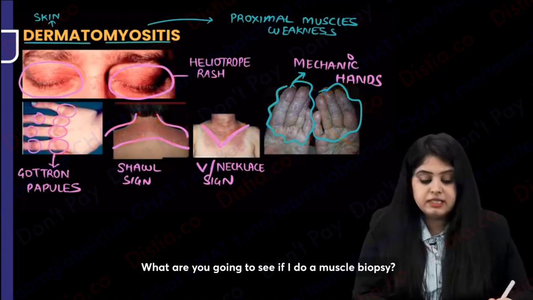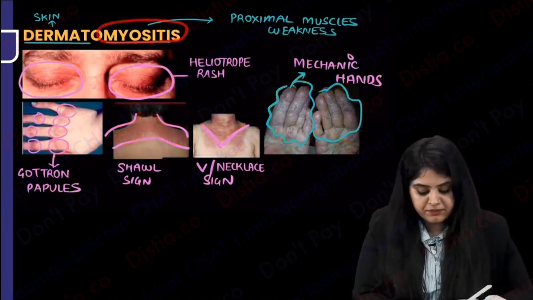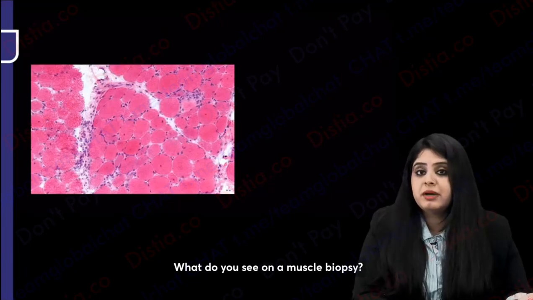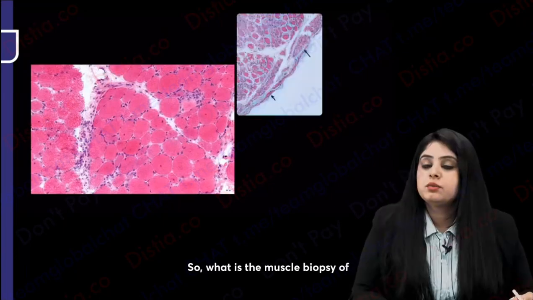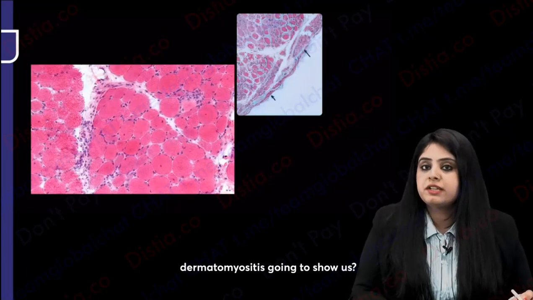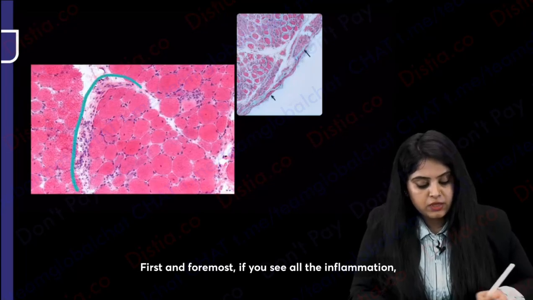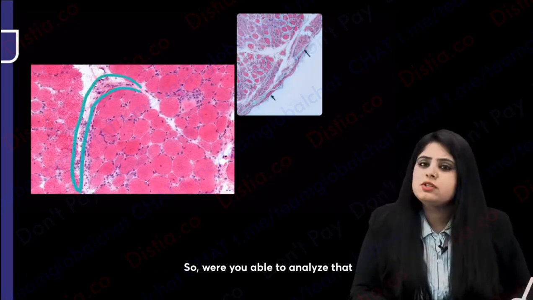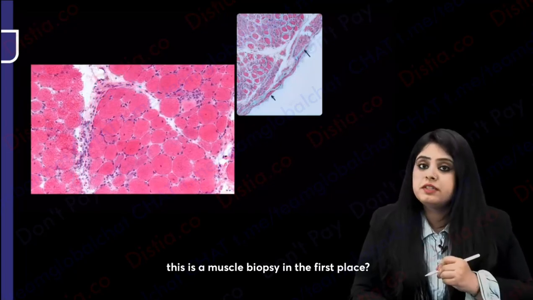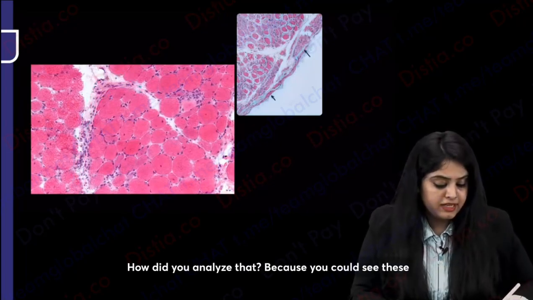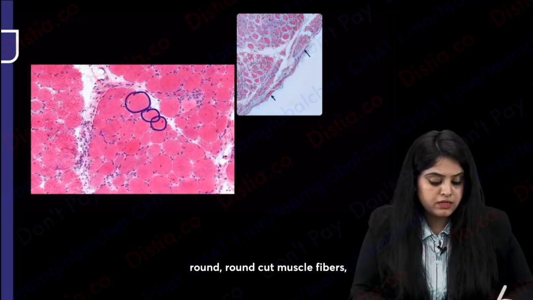What are you going to see if I do a muscle biopsy? What is the muscle biopsy of dermatomyositis going to show us? First and foremost, you see all the inflammation. Were you able to analyze that this is a muscle biopsy in the first place? How did you analyze that? Because you could see these round cut muscle fibers.